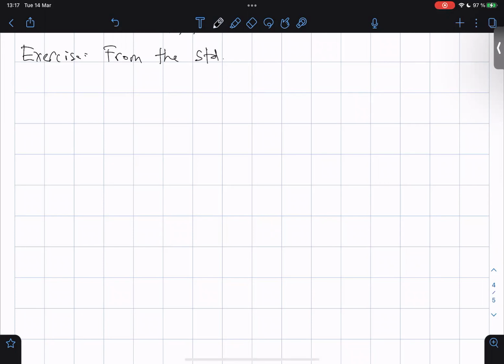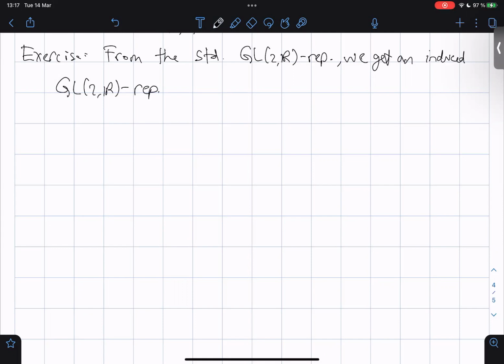So from the standard GL2R rep, or GL2C, it doesn't matter, we get an induced GL2R representation on so-called symmetric two tensors.